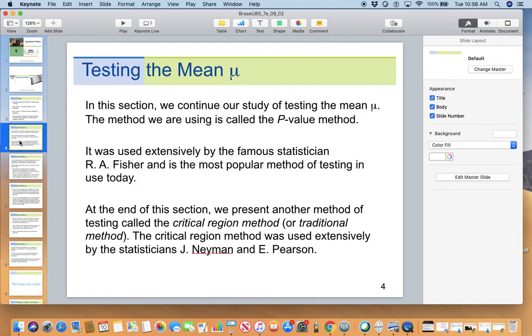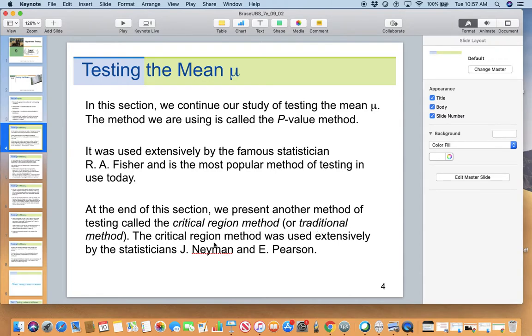Okay. In this section, we continue our study of testing the mean mu. The method we are using is called the p-value method. It was used extensively by the famous statistician R.A. Fisher and is the most popular method of testing in use today. At the end of this section, we present another method of testing called the critical region method or traditional method.